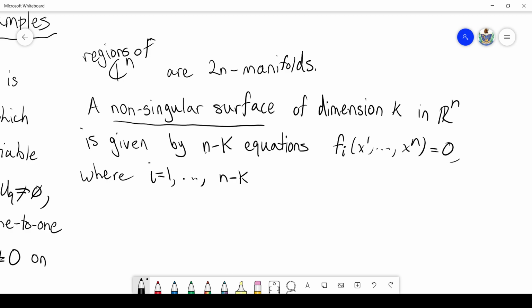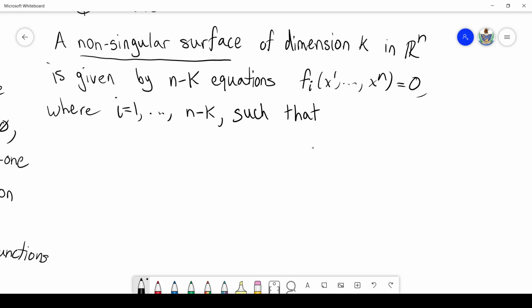And the non-singular bit comes from this extra condition. If we look at the matrix of derivatives, these are partial derivatives, the partial derivative of f sub I with respect to xj. So this is a matrix, and notice that this is an n minus k by n matrix.